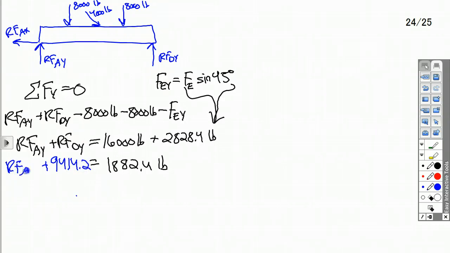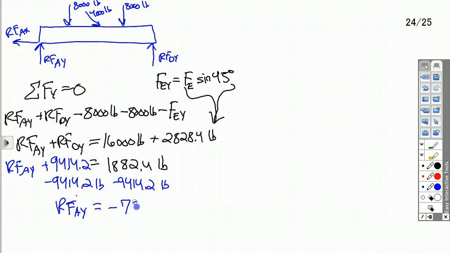RF ay, I subtract that from both sides, minus 9414.2 pounds, gives me RF ay is equal to negative 7,531.8 pounds.